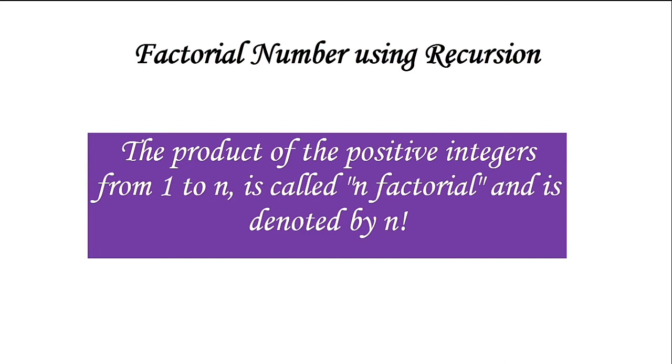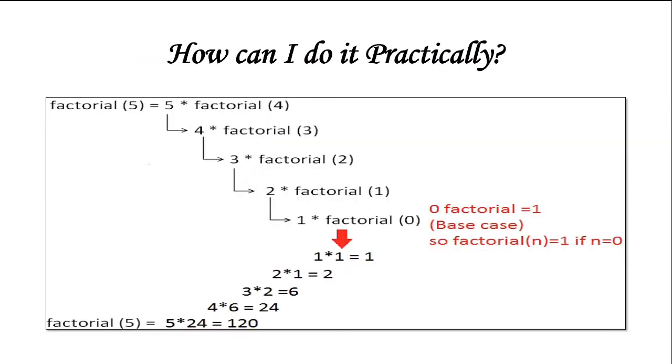So let us see how exactly we can do it practically. If I want to find out 5 factorial, then I will pass the value 5 over to a function factorial. In order to find 5 factorial, I want to find factorial of 4.